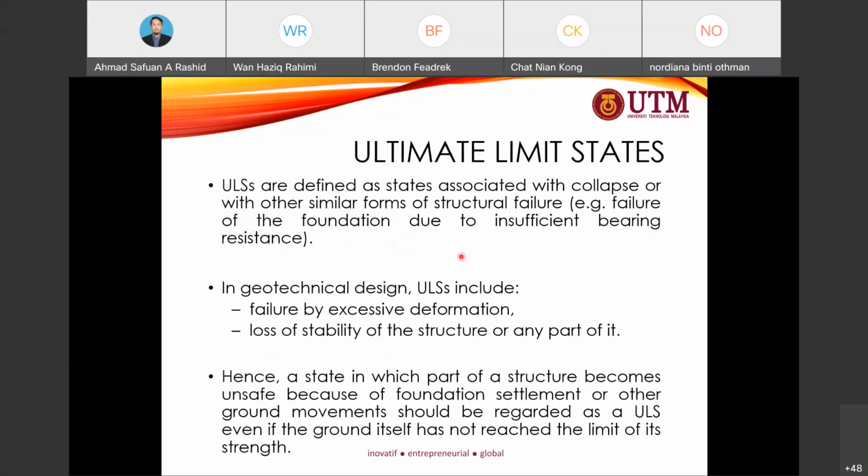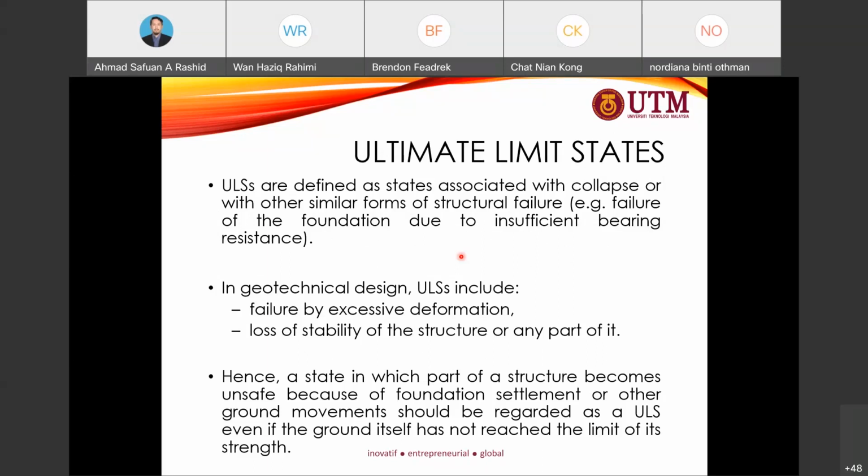ULS is defined as a state associated with collapse or with other similar forms of structural failure, for example failure of the foundation due to insufficient bearing resistance. In geotechnical design, ULS includes failure by excessive deformation, or loss of stability of the structure or any part of it. When there is excessive deformation, at the end it will approach a collapse failure condition.